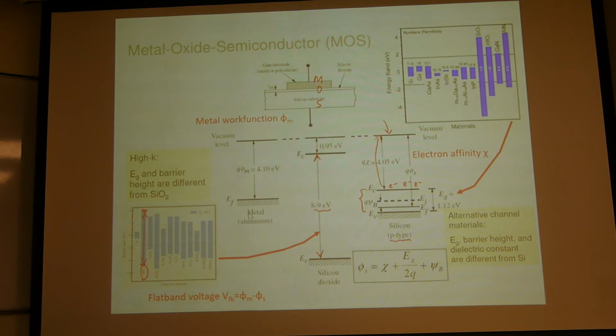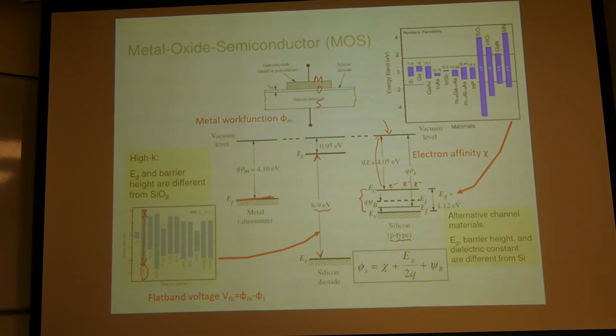And then the metal also has a band diagram. But as we discussed before, the metal has no band gap. In other words, in the metal there's only one Fermi level, where most of the electrons stay. So the metal is just a single Fermi level here.